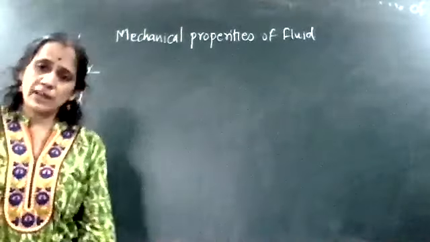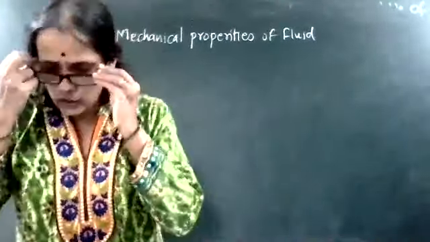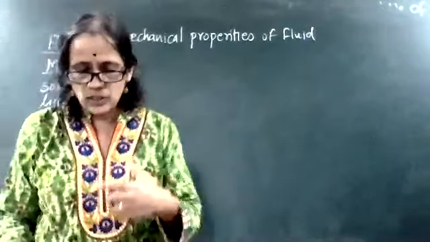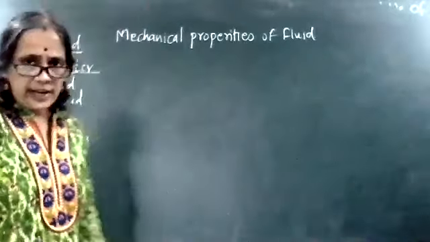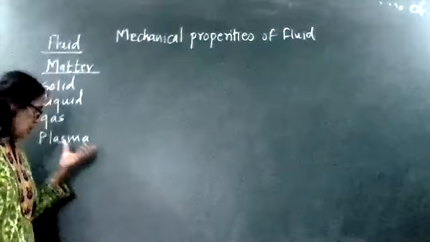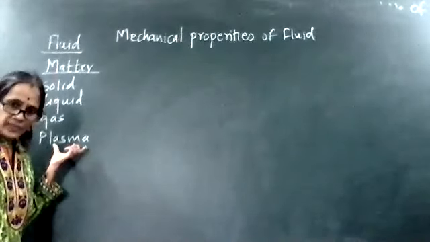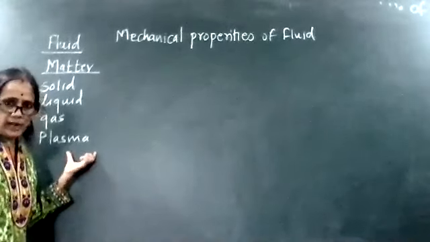Now, what does this plasma consist of? Plasma consists of gas of ions, free electrons, as well as neutral atoms. So, plasma consists of ions, electrons, and neutral atoms.